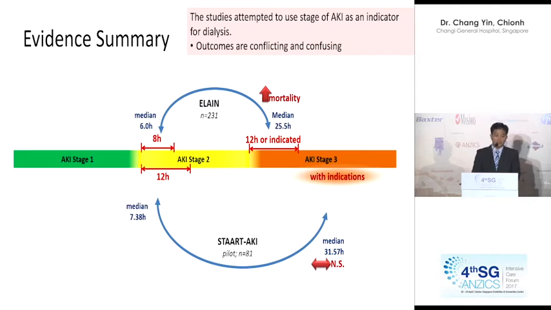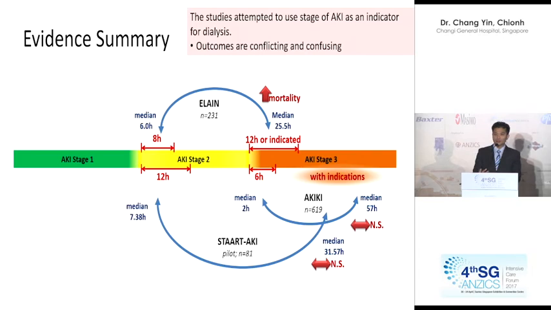And in this study, they found that there's actually an increase in mortality with the delayed therapy. The largest study was the AKIKI study, published in the NEJM, and they compared starting dialysis in the early part of stage 3 AKI, or when there are subsequent indications. And in this study, there were no significant differences.